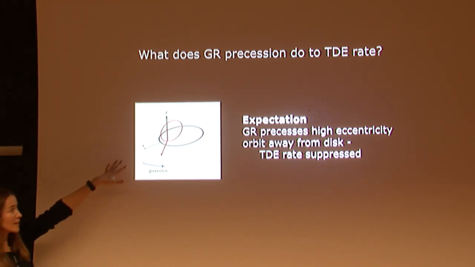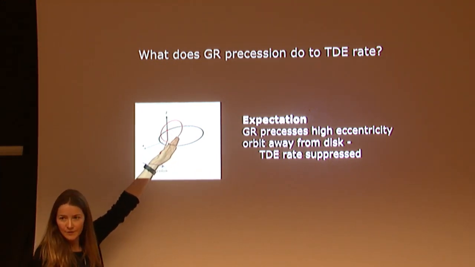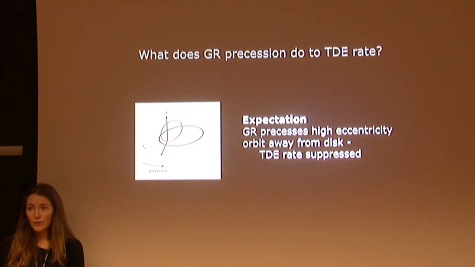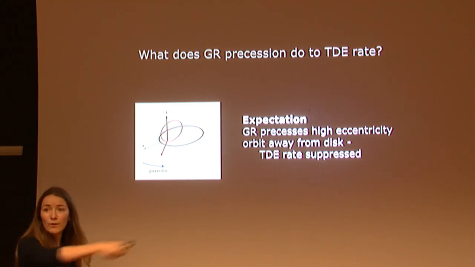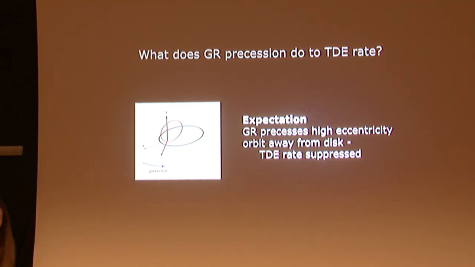The expectation was that with GR precession, once you get to a high enough eccentricity and you're in danger of being tidally disrupted, you're also so eccentric that you should swing away from the disk really fast, because general relativistic precession launches you ahead and away from the disk. So the torques won't be pushing you to the highest eccentricities.